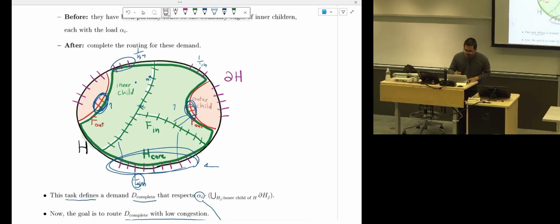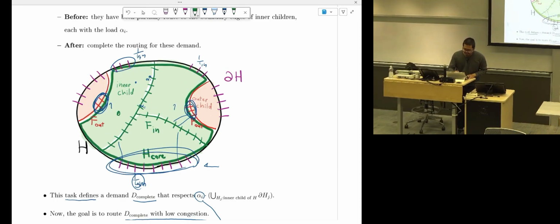Note that the routing might actually go out of the core. This is just expanding in H. So we don't route inside the core, but we route indeed inside H.